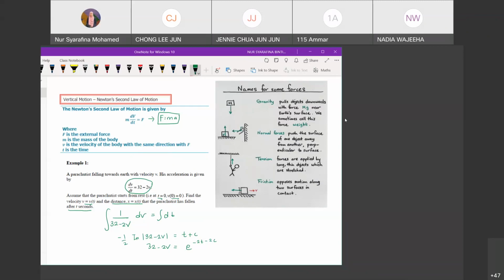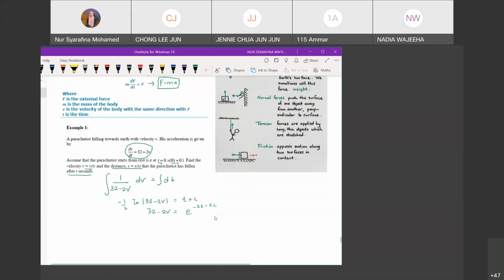Right? And you will have here 2v equals 32 minus a times exponent minus 2t. This comes from this one, where a here is exponent negative 2c.